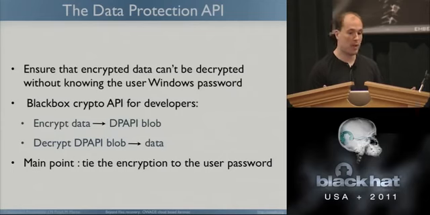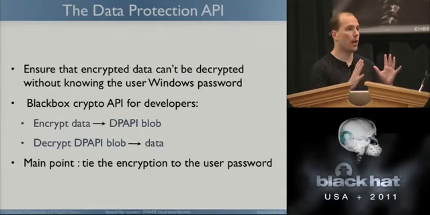It's a black box API. The Microsoft documentation is very succinct. It's going to say, here's a function to encrypt, and you get a blob. Here's a function to decrypt. You give me a blob, I give you the key. The main point is DP-API's sole goal is to tie your encryption data with the user password.